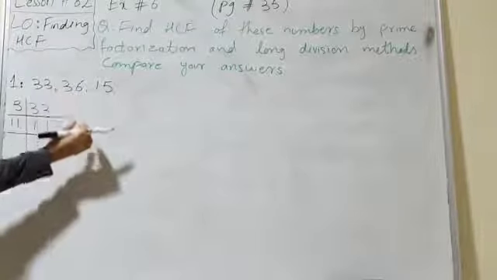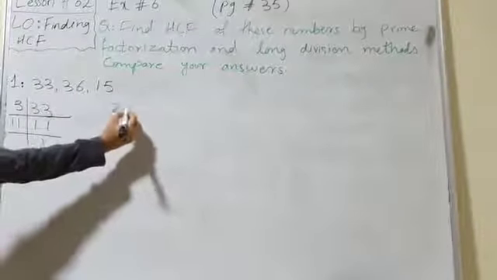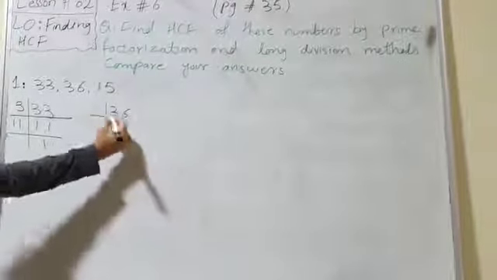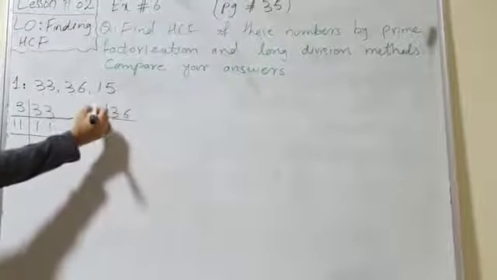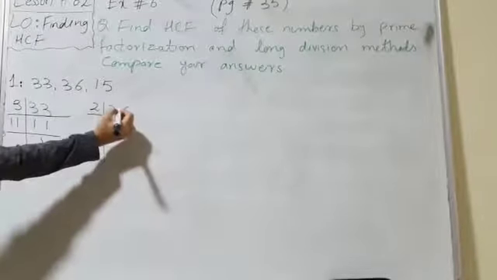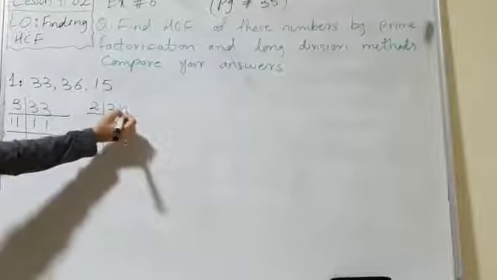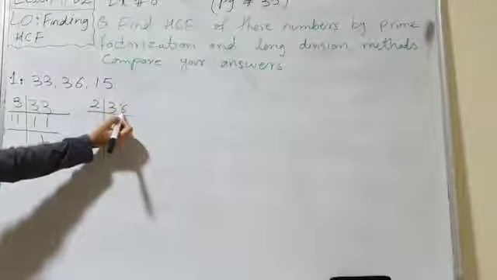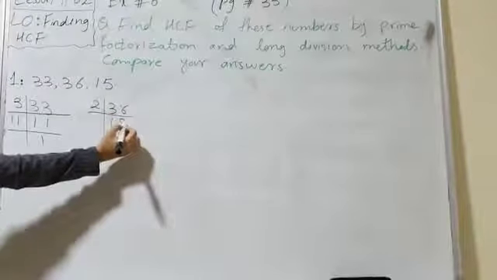Next number is 36. You can see 36 is an even number, so you will start from 2. 2 ones are 2, and 1 will be given to this 6, and this 6 will become 16. So 2 eights are 16.